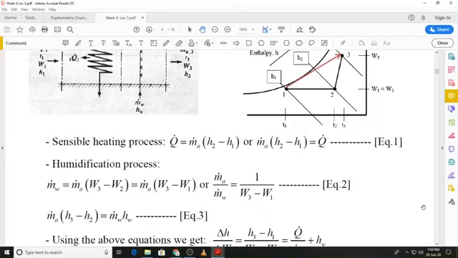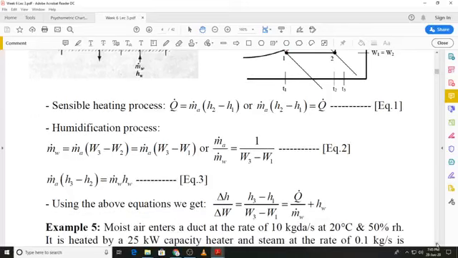That is, m dot A H2 plus m dot W HW is equal to m dot A H3. Again rearranging this we get equation 3 as shown on your slide, and what we can do, we can combine these equations 1, 2, 3.